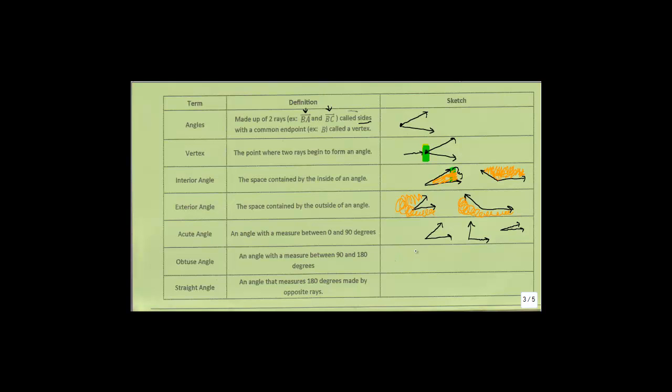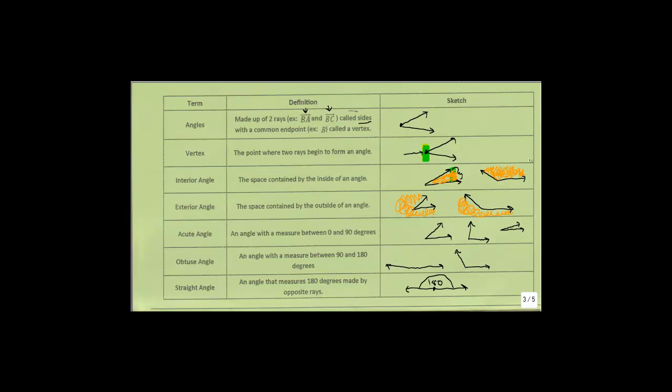An obtuse angle is between 90 and 180. So it's not quite 180, but it's almost. It's not quite 90, but almost. And then a straight angle is an actual straight line that is 180 degrees. It's always 180. That is your straight angle.